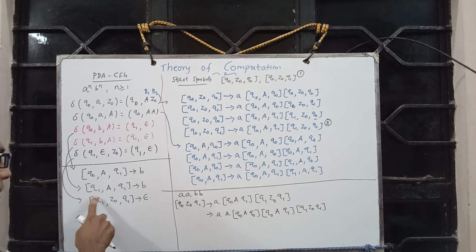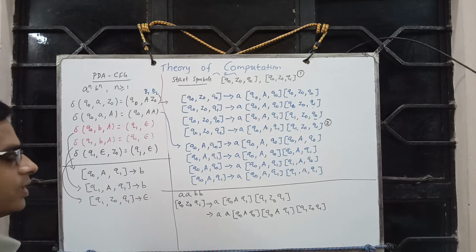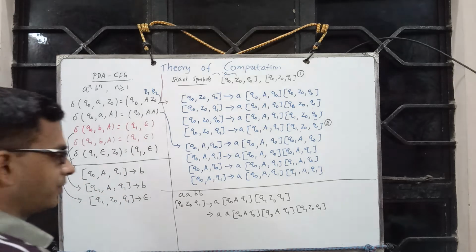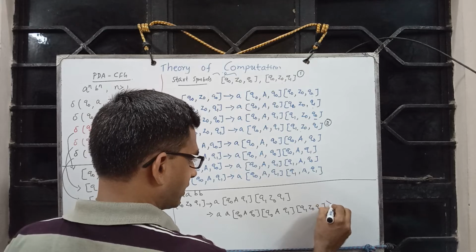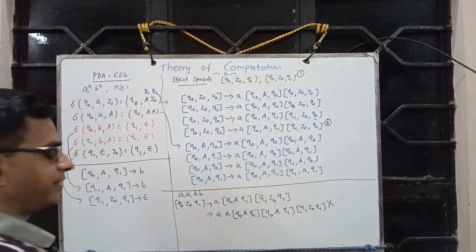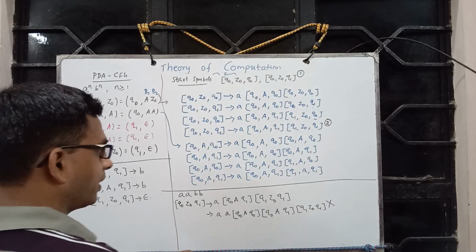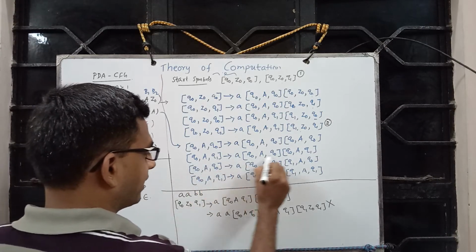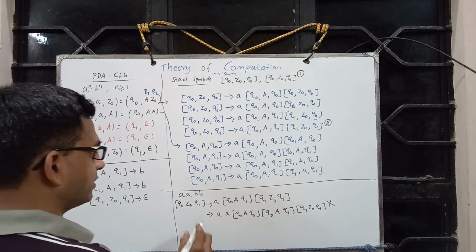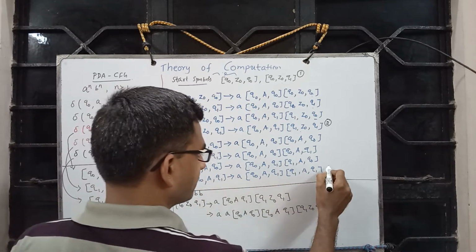But Q1, A, Q0, there is no rule. So which means if you proceed with this expansion, we will not be successful. So this is what we have taken. So we should not take this. Instead, we should take this.